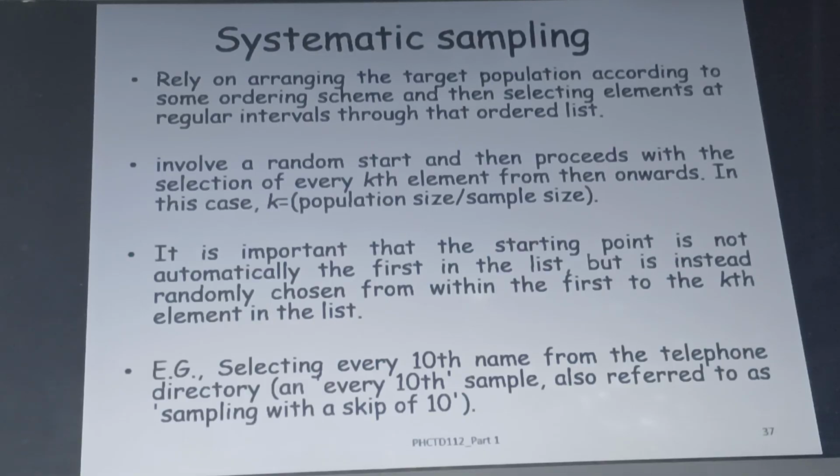So instead of saying the first person automatically, you have to randomly choose from within 1 to 10, since our case is 10. Then you select every 10th person from the target population. An example is selecting every 10th name from the telephone directory, and every 10th sample is also referred to as sampling with a skip of 10.